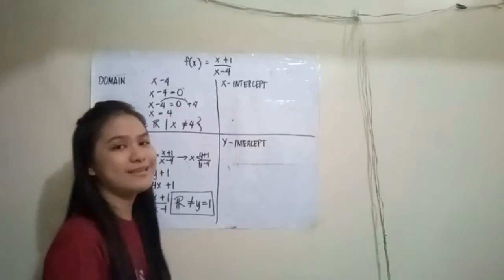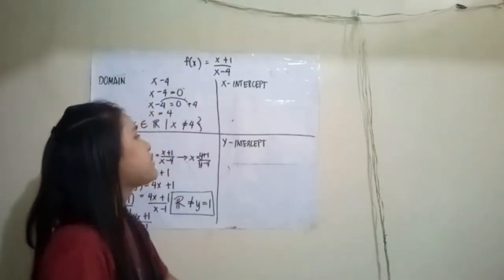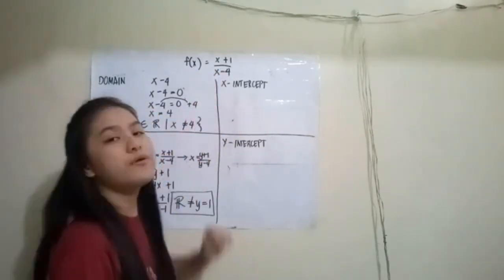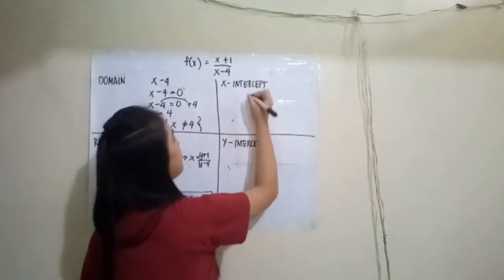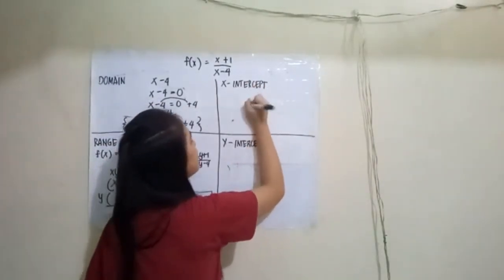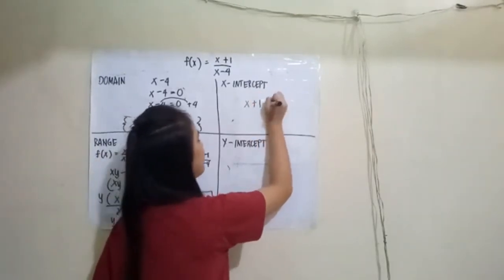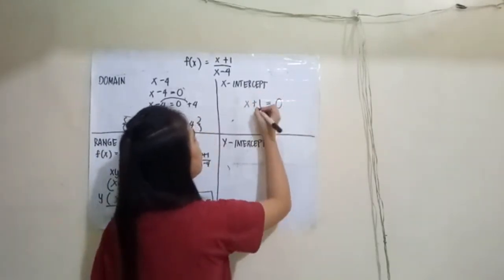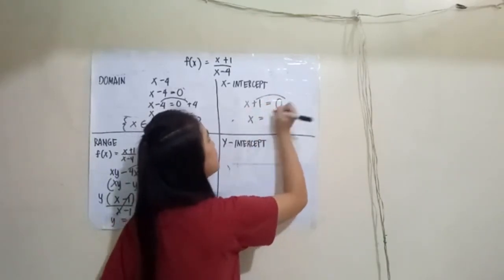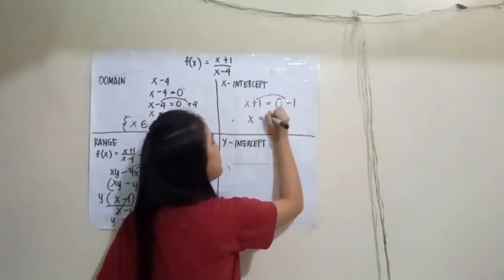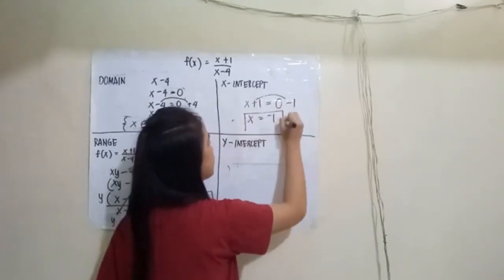Next is the x-intercept. In the x-intercept, we will use the numerator of the rational function and we will equate it to 0. Given the numerator x plus 1, equate it to 0, we will get x-intercept x is equal to negative 1.